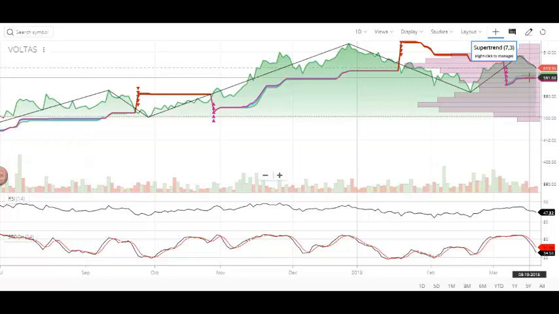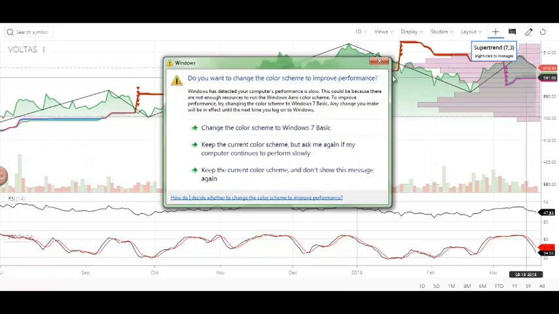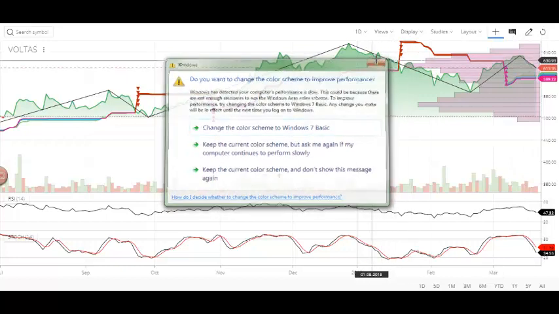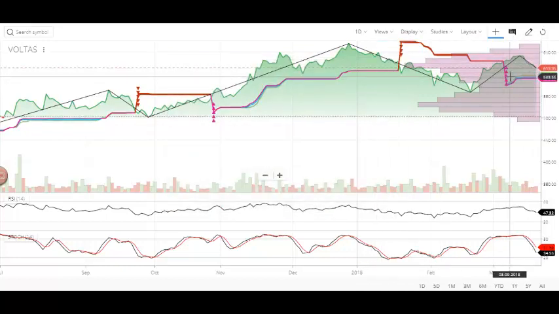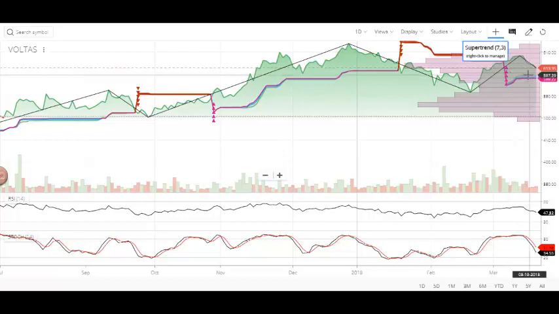That is for sure. What may happen is that the stock may come down, hit the 590 levels, and again bounce back. This particular super trend gives us that sort of idea.